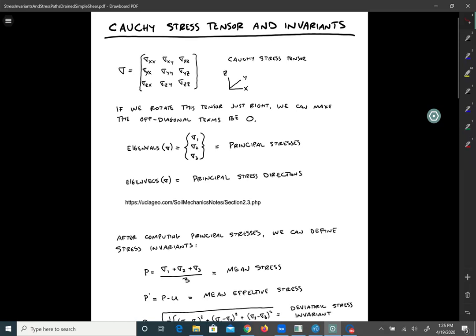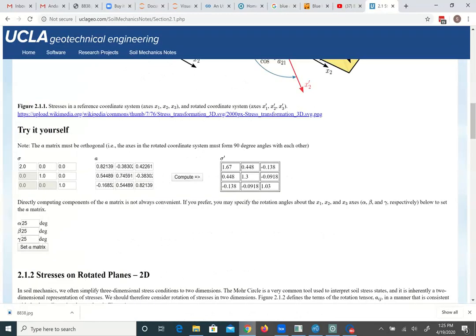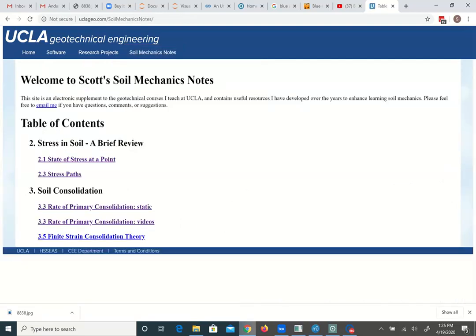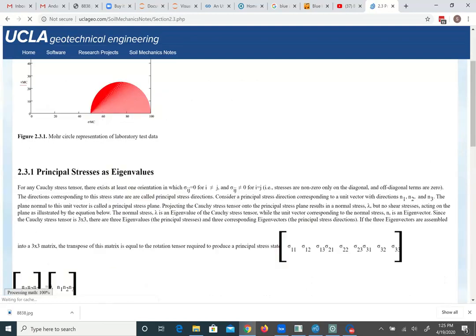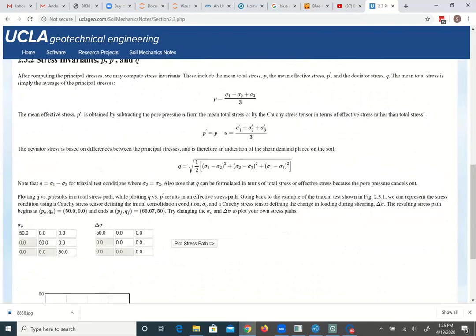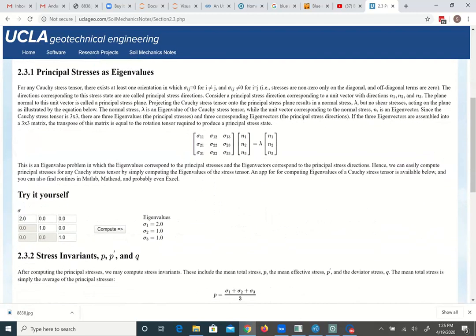Okay, now once we have, oh, and then let me show you too. We can now compute eigenvalues in this tool. So I'm going to go to stress paths. Okay, here we go.